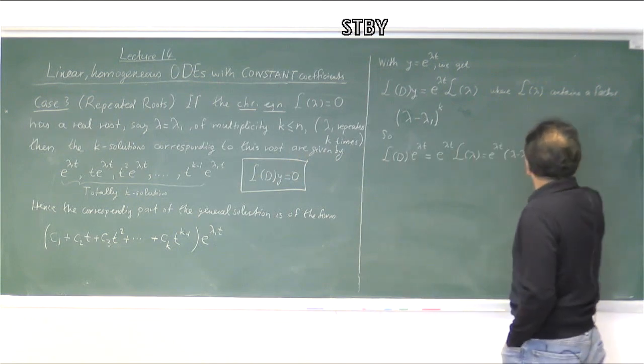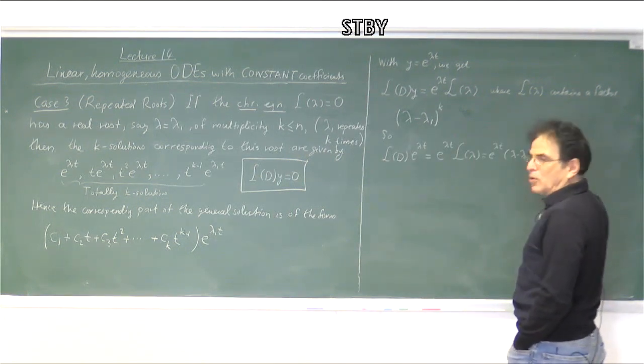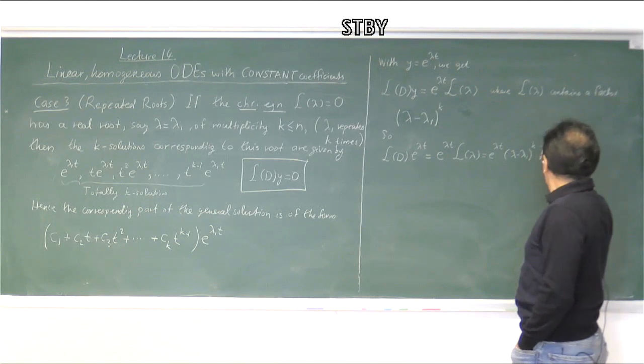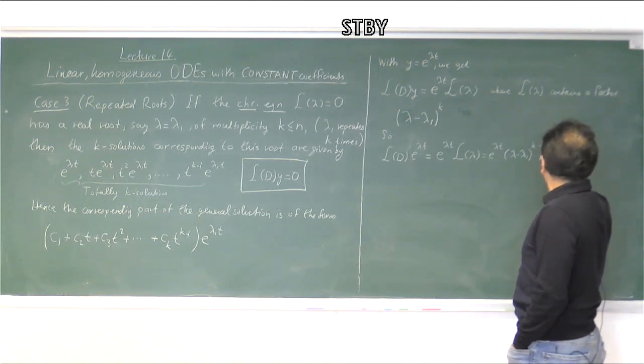Let's say again t. T is a polynomial in lambda of degree n minus k.